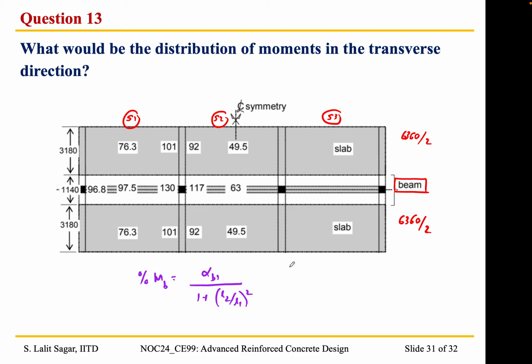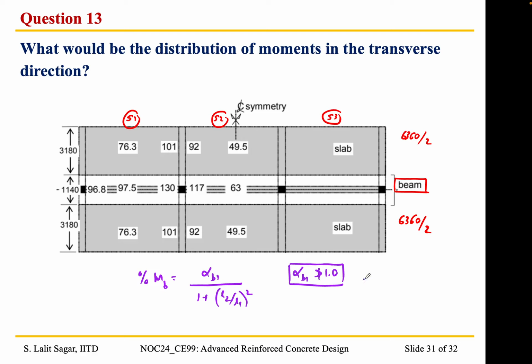But here the criteria is that alpha b1, the stiffness parameter, should not be greater than 1.0. Though we get very high values for this problem, values exceeding 3 and 4, still we need to limit ourselves to the value of 1 only.